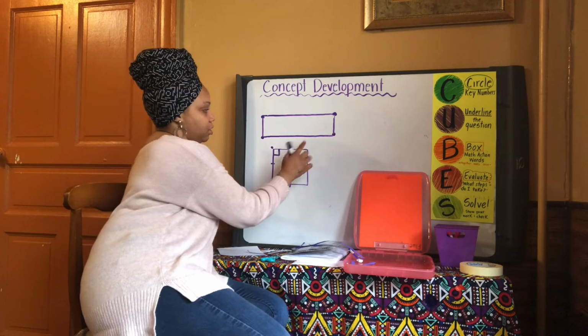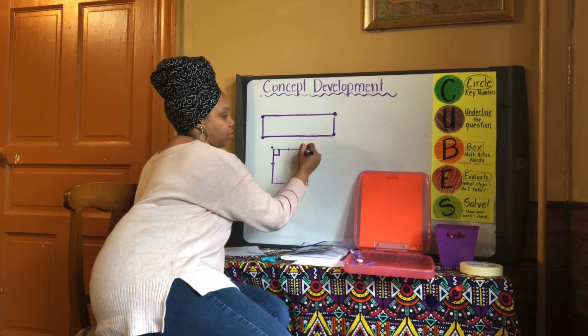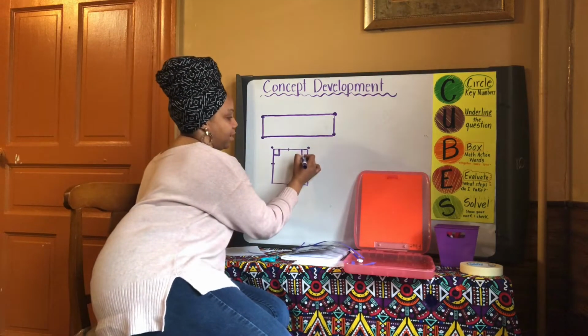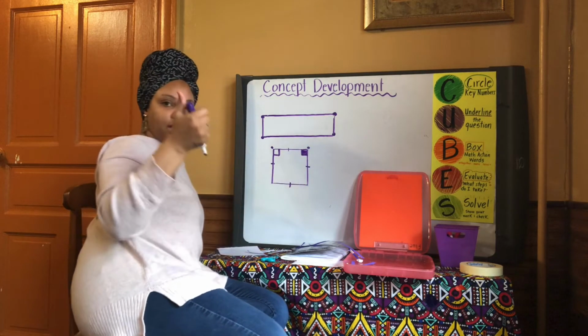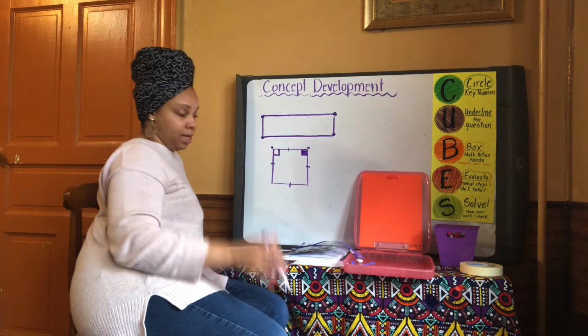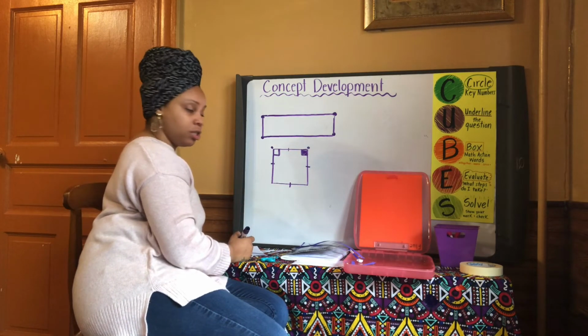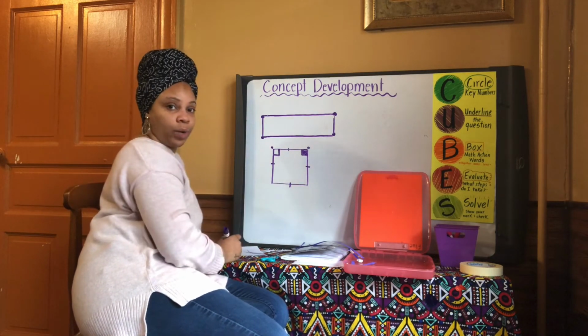Let's go over to this corner. If I draw one side and another side, do I create another square here? Yes or no? Yes, I do. That means that this has a square corner. So on your square, I would like for you to draw the next 2 square corners.